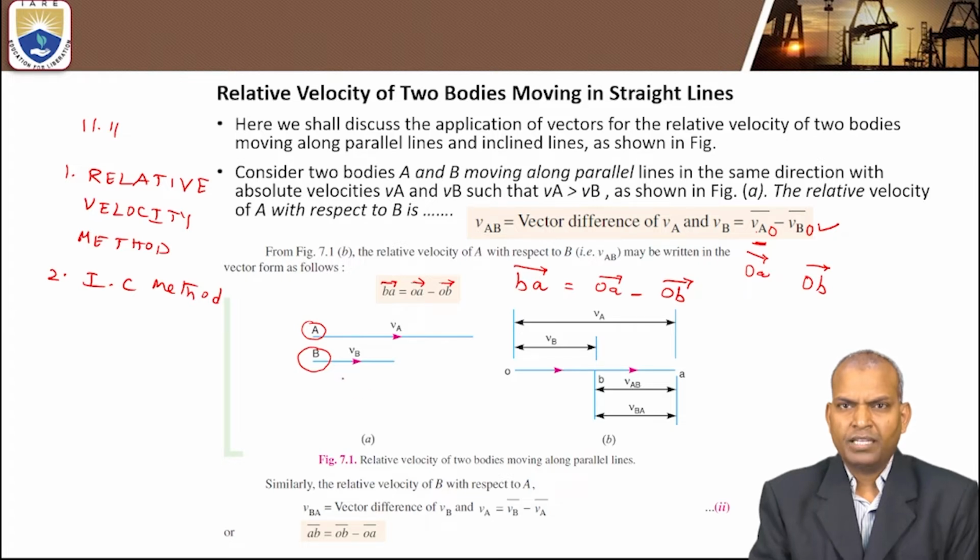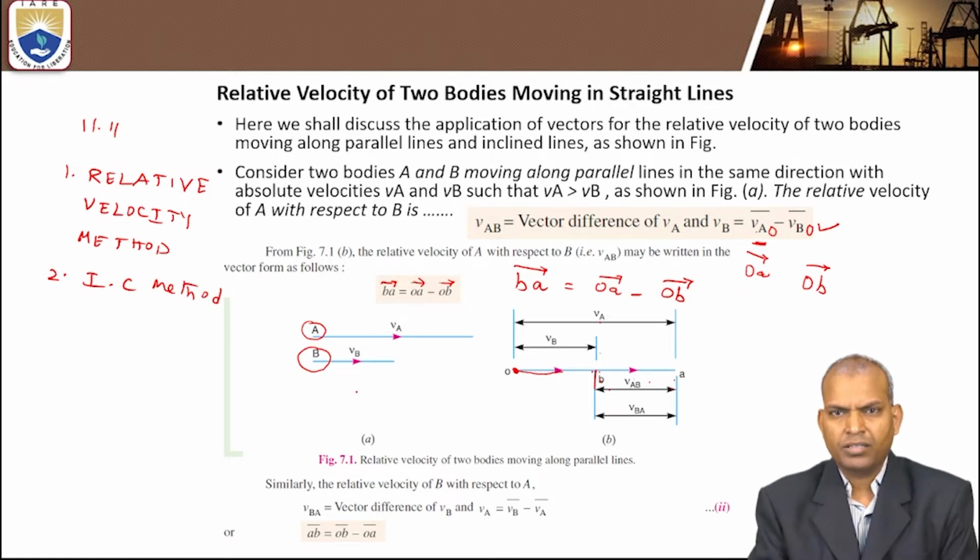Now it is in parallel lines, so we are going to draw the velocity diagram here. VA, VB up to here, and VA. So this portion is VA minus VB, that means this is the portion from B to A, that is the velocity of A with respect to B. These are the vectors we have drawn with some suitable scale.